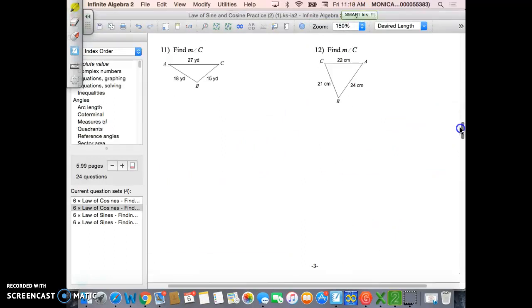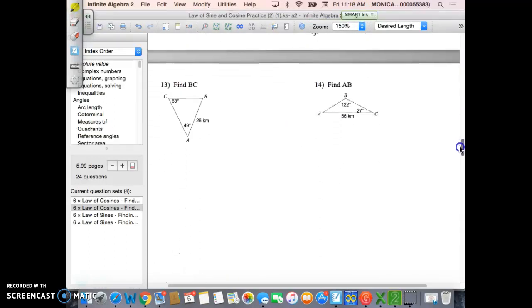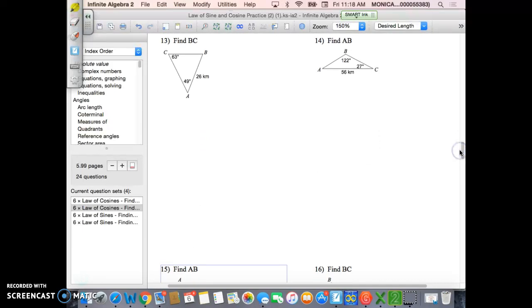All right, let's go back to number 13. And let's try this out. Let's see what information do we have. So the first thing we're going to do is label again. So this is B, this is C, this is A, okay? What am I looking for?